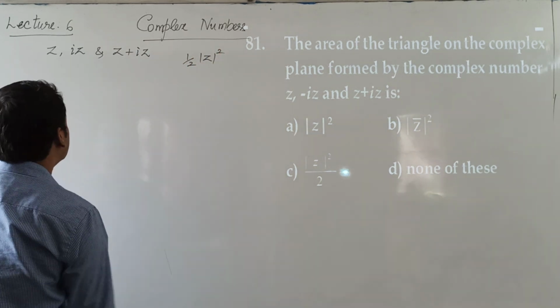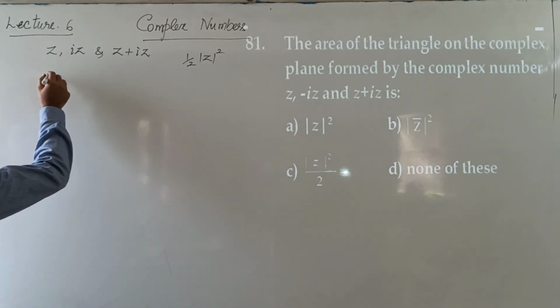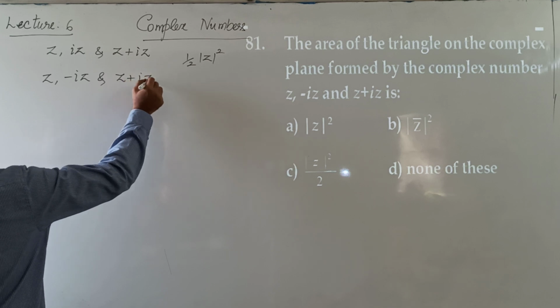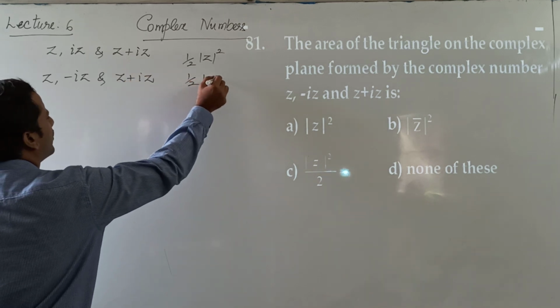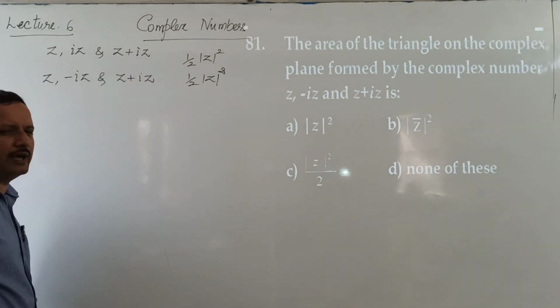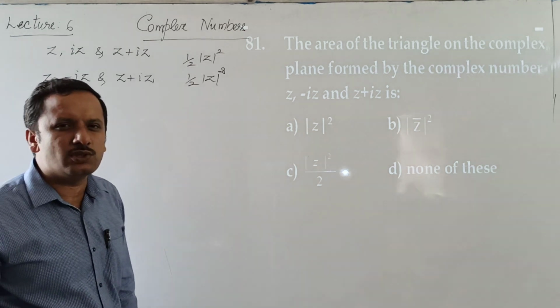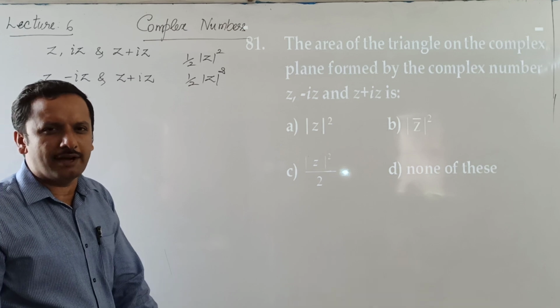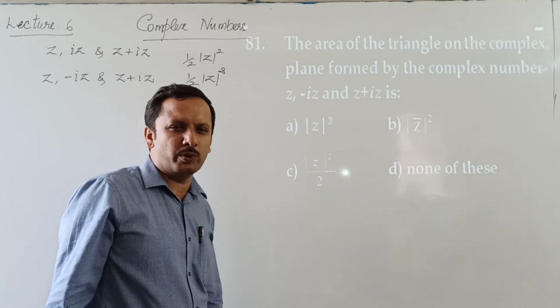That is this answer. Now, even for z, minus iz and z + iz, the area is half into mod z whole square. Okay, I advise you to remember this as a formula. However, for your confirmation, I will give you the proof.